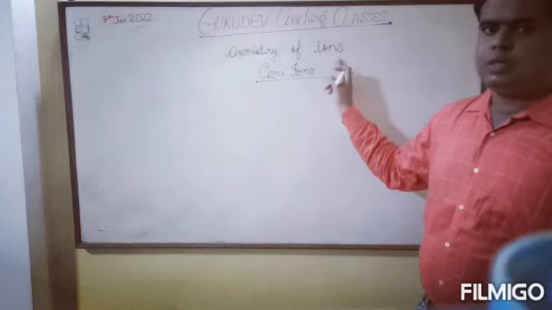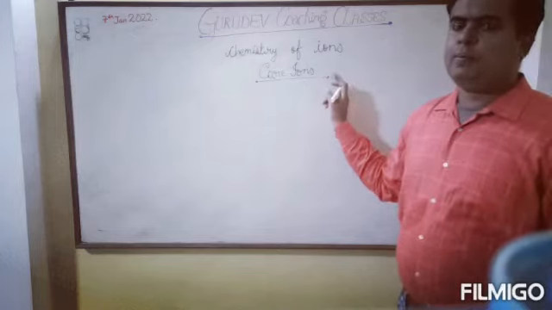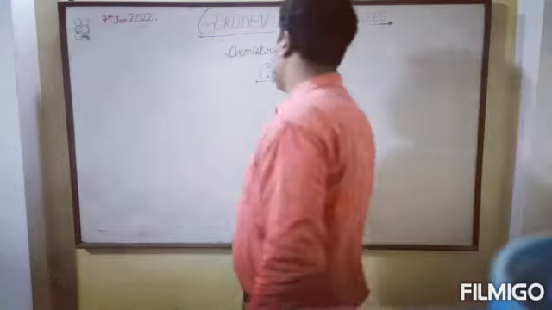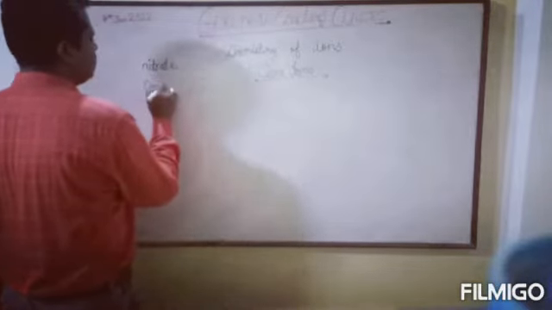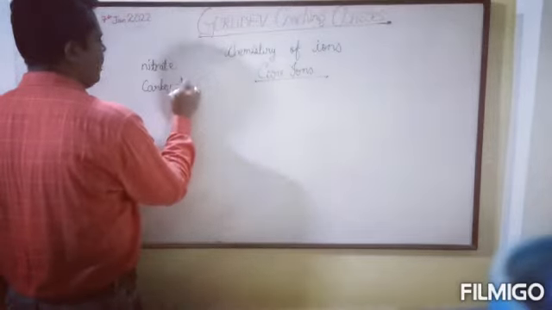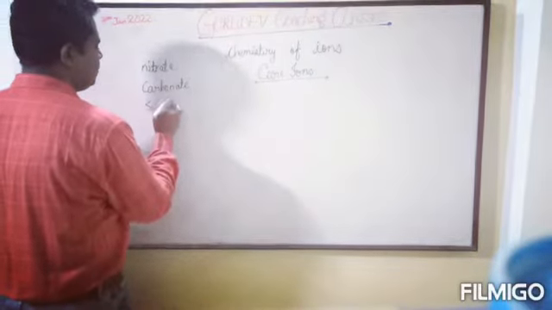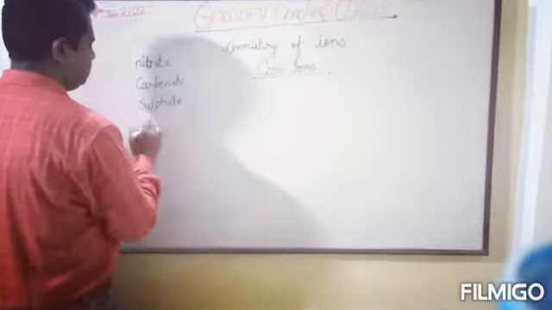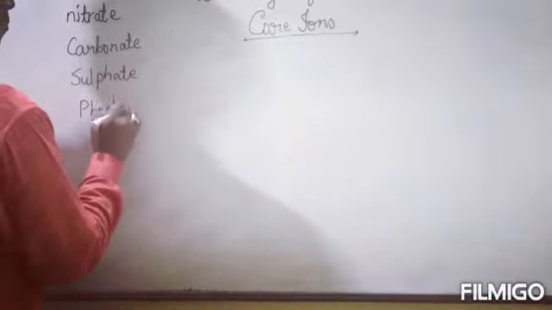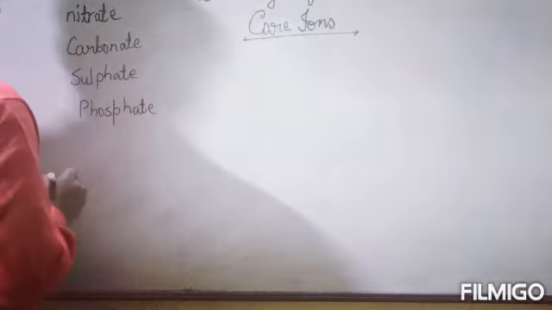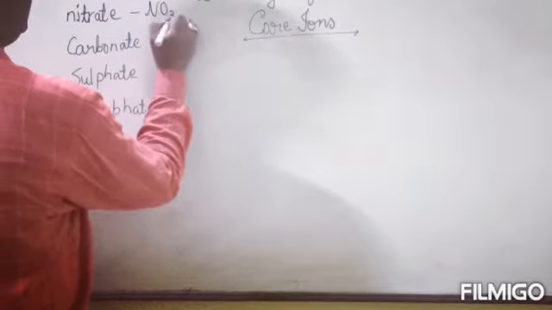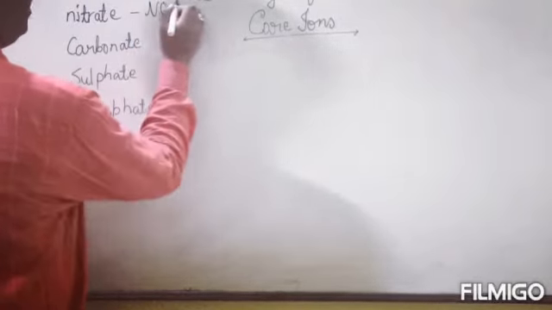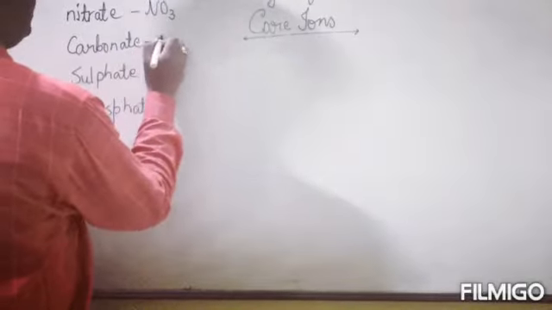We will discuss the chemistry of ions. What are some important core ions? In the form of core ions, we have nitrate, carbonate, sulfate, and phosphate, represented by NO3 with one negative charge over it, carbonate, and so on.